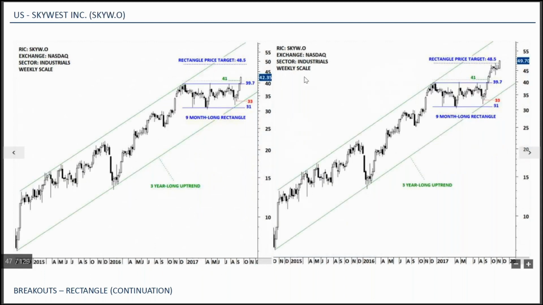SkyWest, so a 9-month long rectangle, again you can see that there's a clear uptrend here. So what we do is we draw this trend line here, carry it to the lower boundary, and we realize that this is forming a nice trend channel. And in this trend channel, the stock is forming a sideways consolidation. This sell-off finds support at the lower boundary of the 9-month long rectangle.